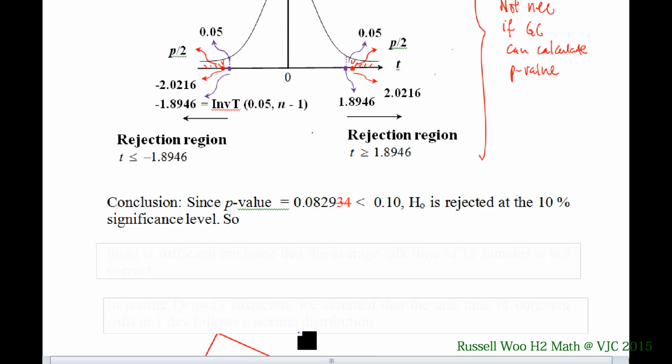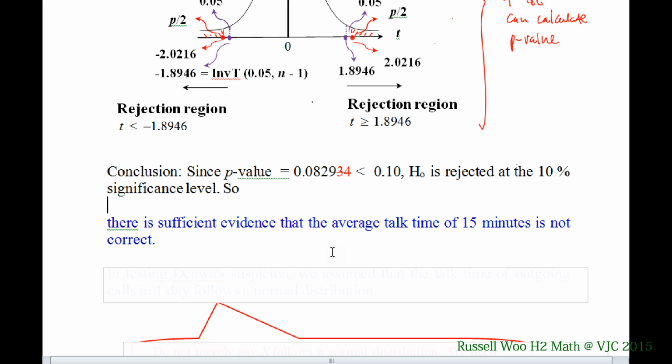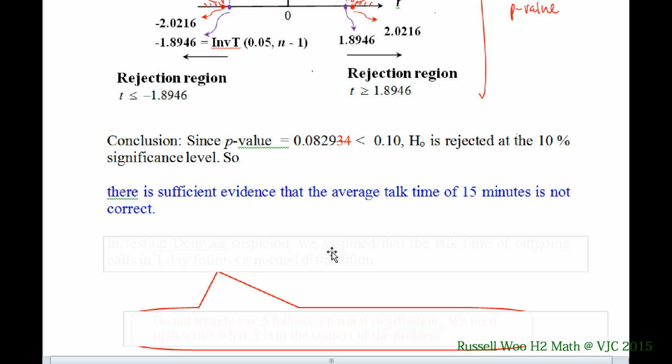You decide that this is small enough, then H0 is rejected. So you conclude in context: there is sufficient evidence to say that the average talk time of 15 is not correct.